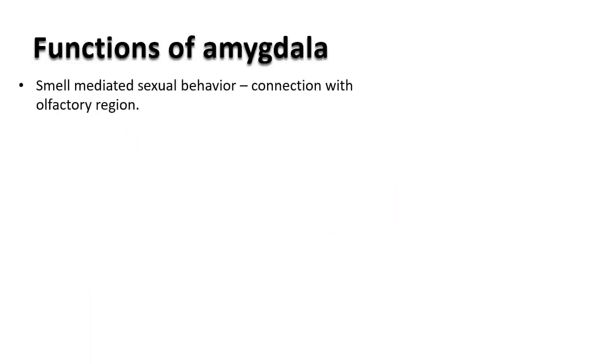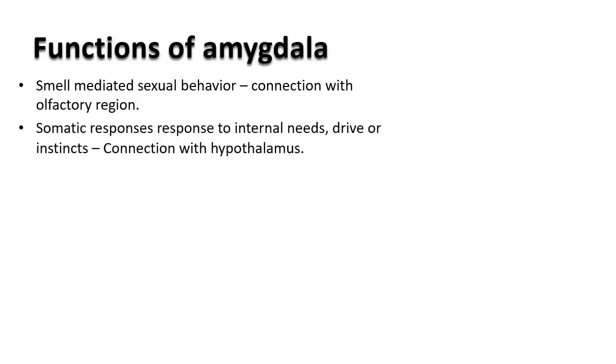Okay, so mainly it is smell mediated sexual behavior. Sexual behavior mediated through olfaction. So that is why there are mainly afferents from the olfactory region. So that is one of the main functions of the amygdala. Then somatic response to internal needs, as I told you.